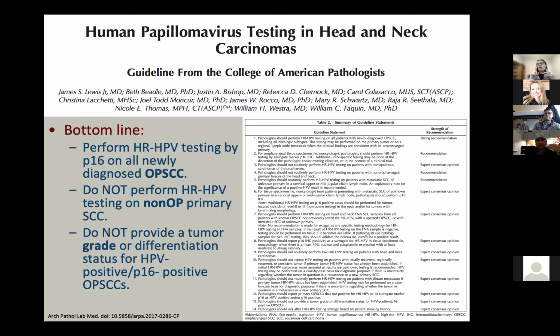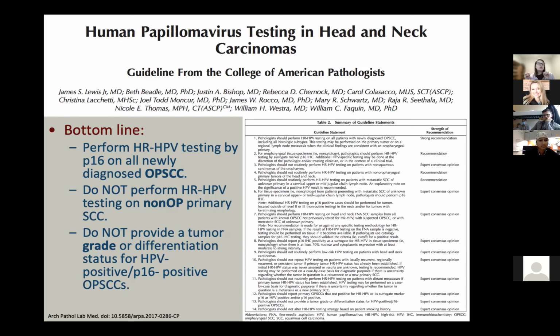Two-phase answer. One, we in this institution don't run it. We only do P16 or HPV testing in essentially these oropharyngeal lesions. Because if you do it outside, like you're saying, and it's positive, then you probably would want confirmation. And what are you going to do with that knowledge?